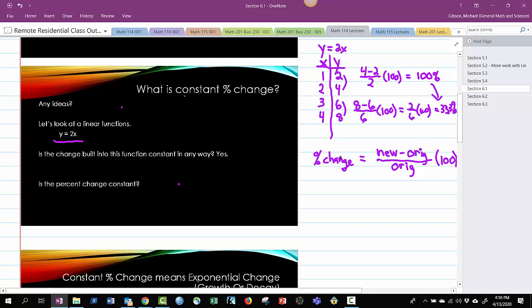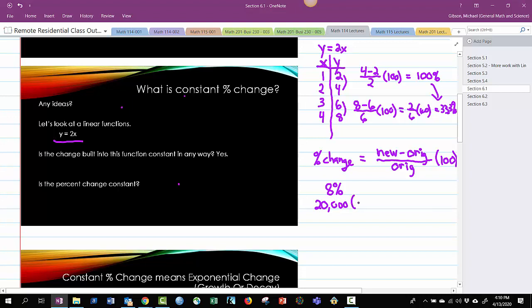Well, what is it? What gets me constant percent change? Let's try something else here. You remember we wanted to increase something by a set percentage. Let's say we have an amount of money invested, and we're going to increase it by 8%. We've got $20,000 invested.